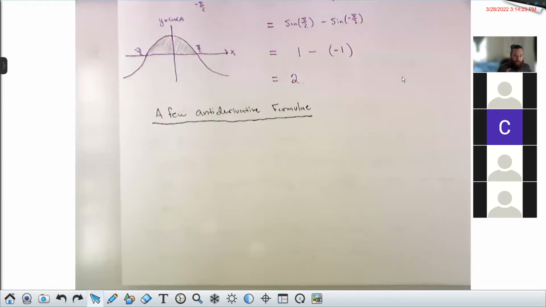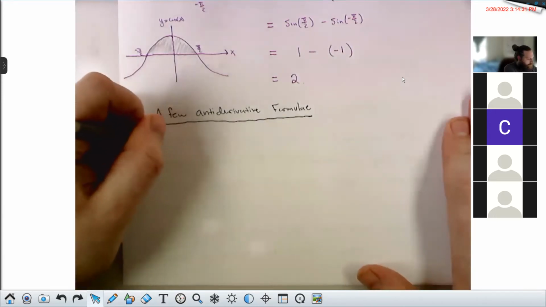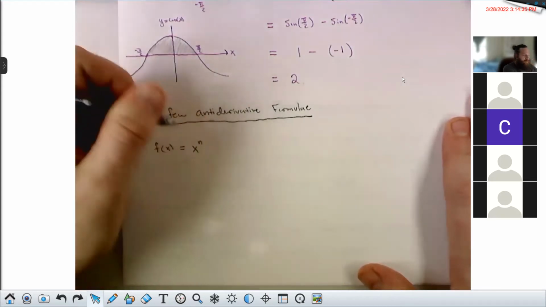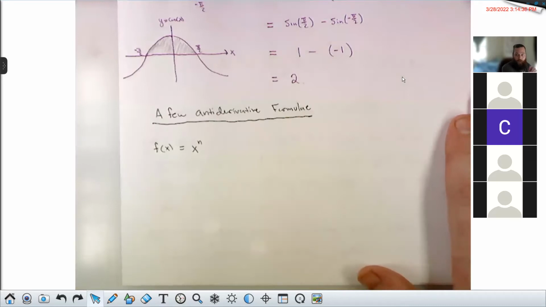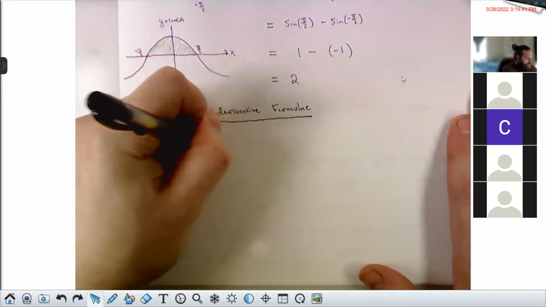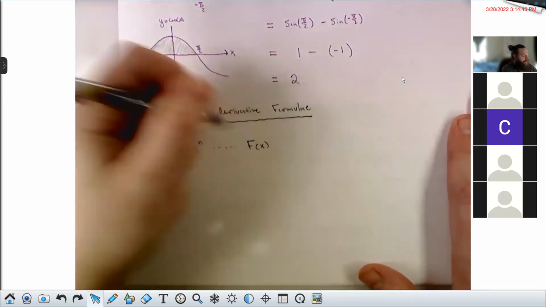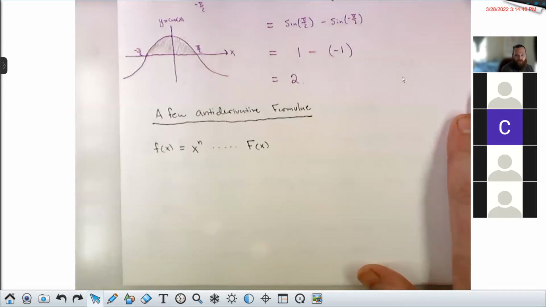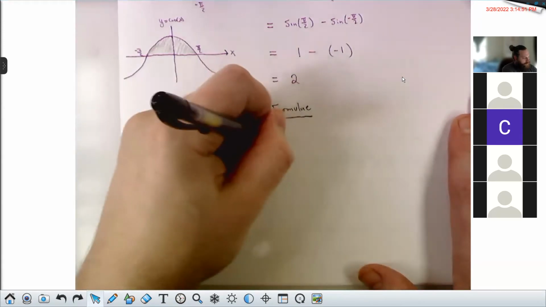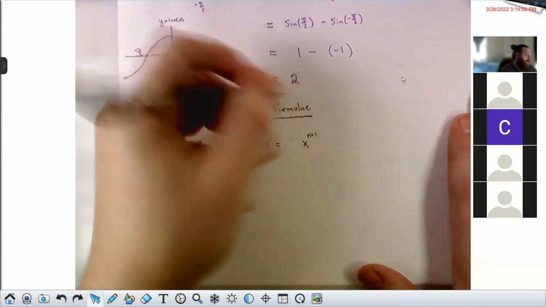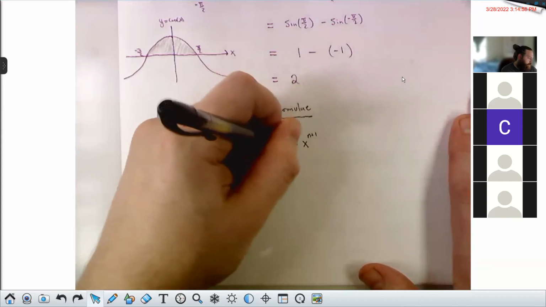Each thing I'm about to give you here is just reading one of the differentiation rules we know backwards. So for example, you know that if you want to differentiate a power function, something like x to the n, you bring the power down and reduce the power by 1. Well, if you want to anti-differentiate a power function, you need to do the reverse of the power rule, which would mean add 1 to the power and then divide by that new power.